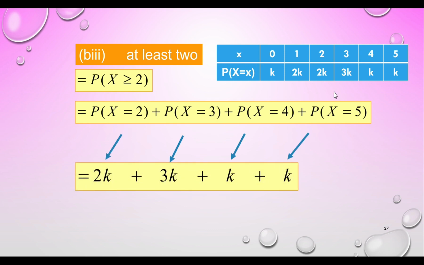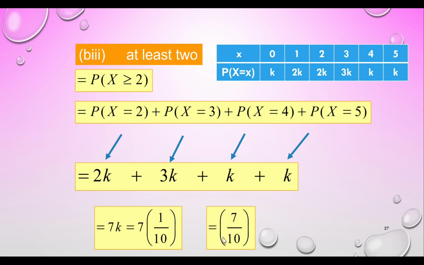Okay, from the table given, we have 2k plus 3k plus k plus k, and then we get 7k. We substitute k equal 1 over 10. And the answer is 7 over 10.